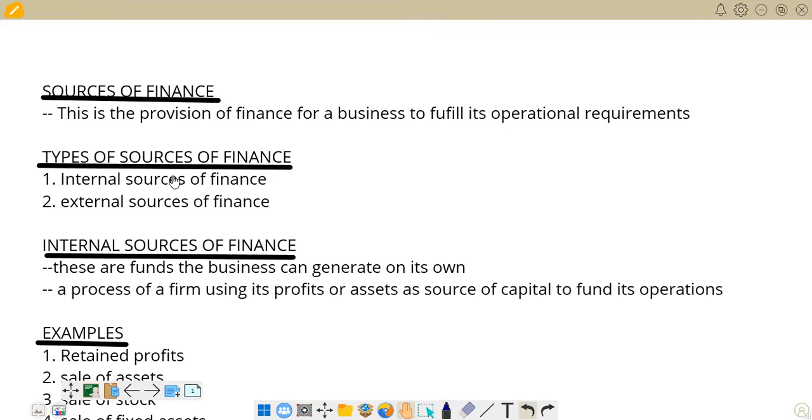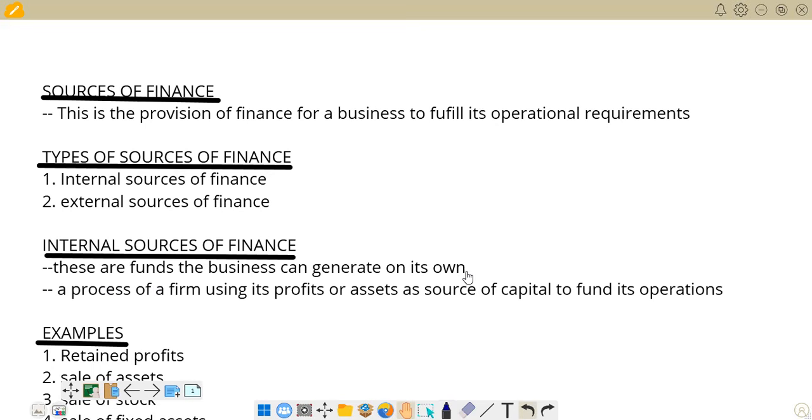So we want to go through the first part, that is internal sources of finance. Internal sources of finance on its own means finance that is originating from within the organization. The definition says these are funds that the business can generate on its own, inside the organization or the business.